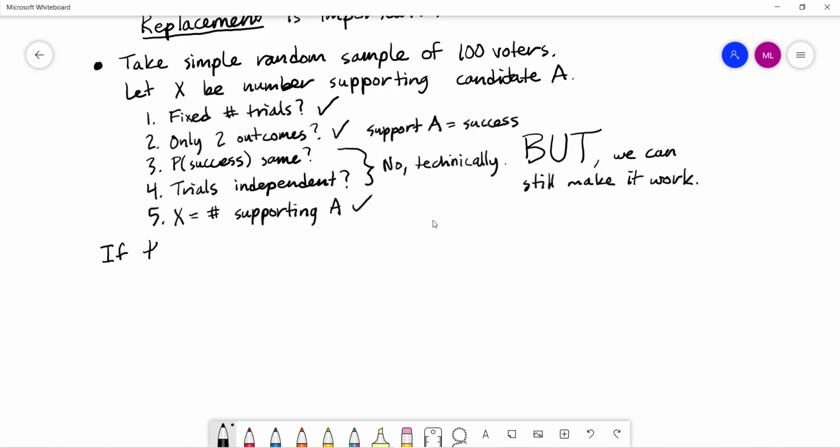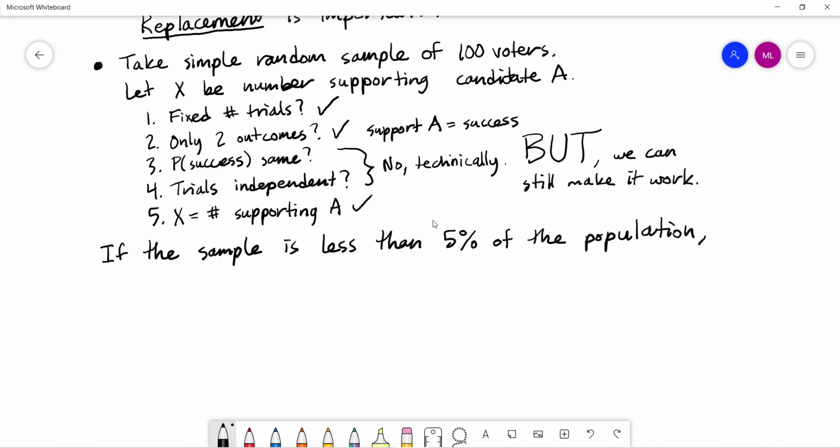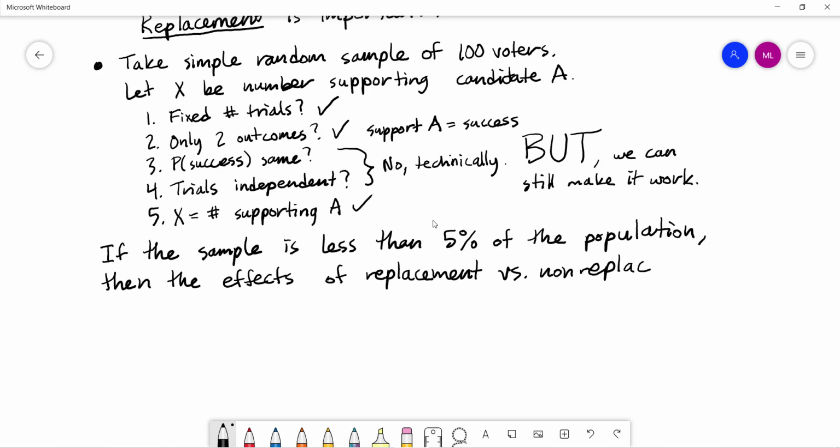If the sample that we're taking is less than 5% of the total population, then the effects of replacement versus no replacement are negligible.